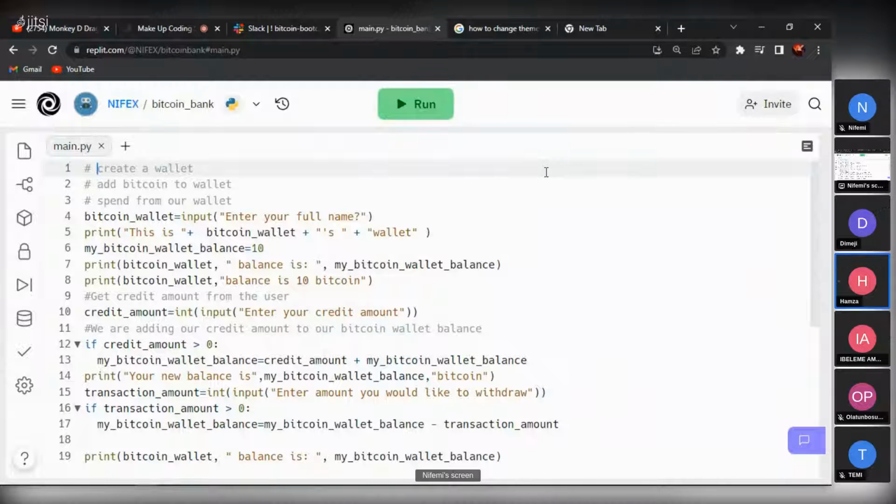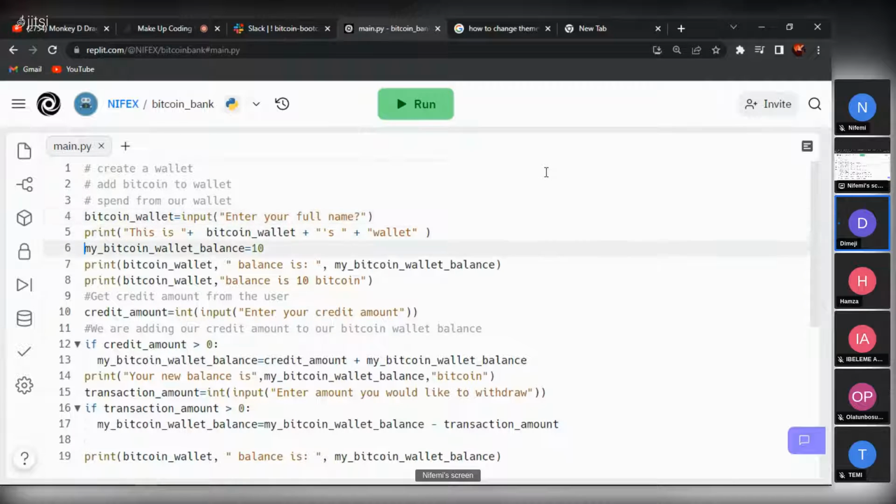Yes, sir. It will print the balance of the Bitcoin wallet. That will be 10. So can you tell us how it's going to print it? How would it be displayed? It will be displayed as the Bitcoin wallet equals 10, or no, 10. No. Line 7.